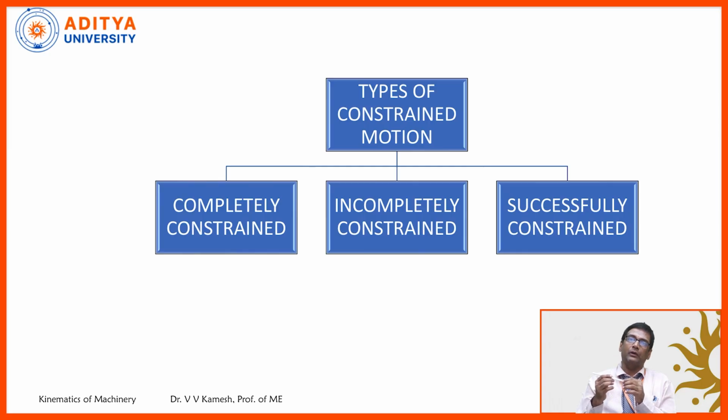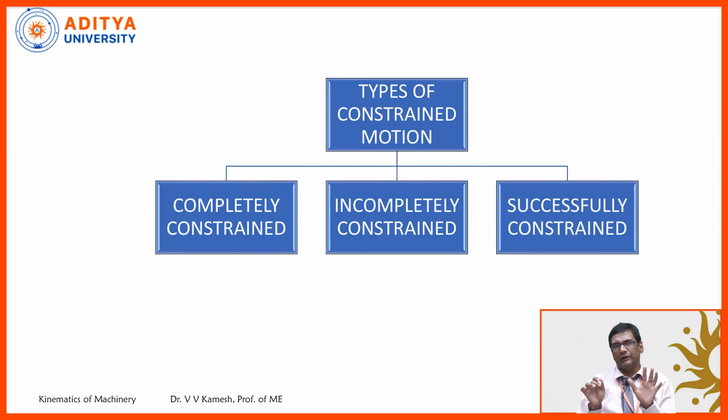Suppose I want a particular tip of an item or a link to trace the path of some other link, just like in a pantograph or some other element. Suppose I am drawing some circle here, another link has to trace a bigger circle. If I am drawing a small circle, the link has to traverse a big circle with the same contour.